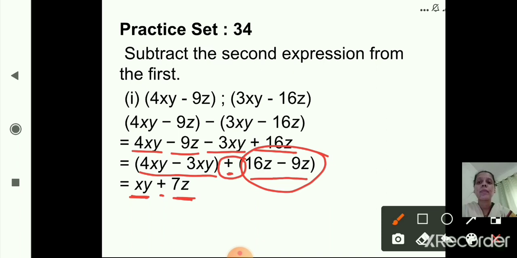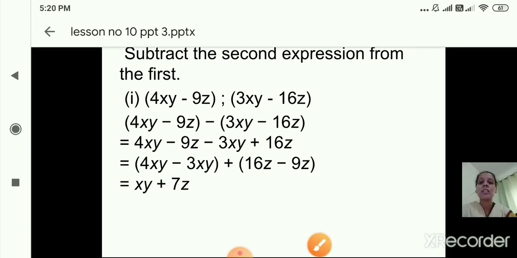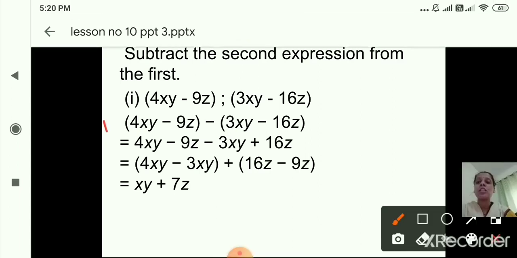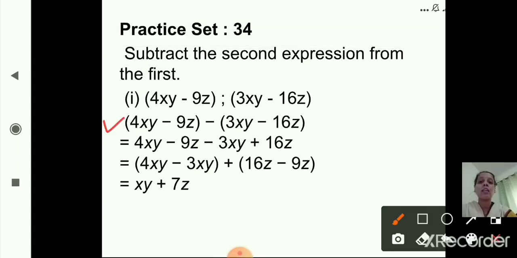So once again we will see this sum. In the first step we write both the algebraic expressions in brackets and a minus sign in between. In the second step we remove the brackets and only the signs change for the second bracket, that is 3xy minus 16z.